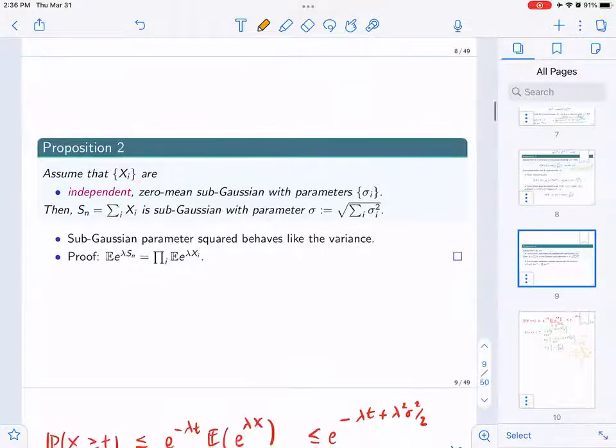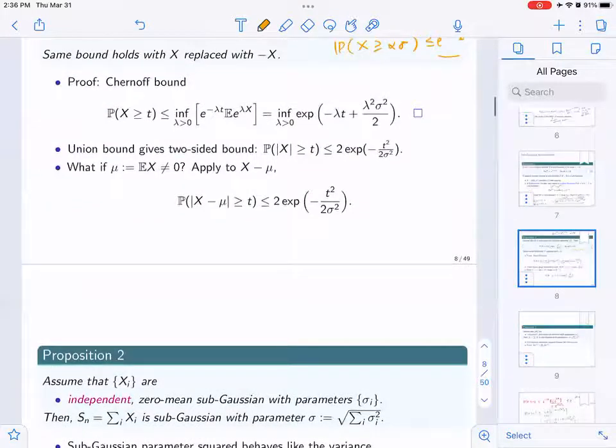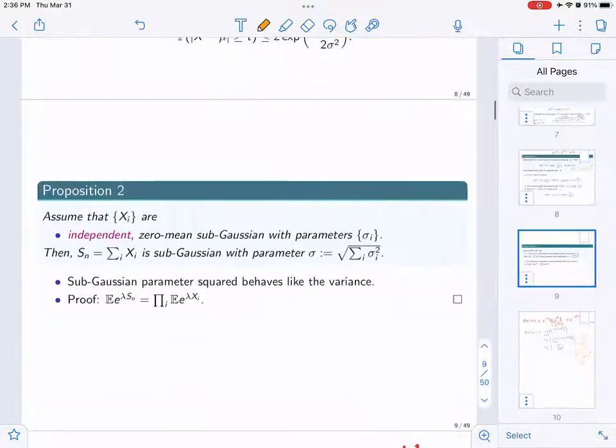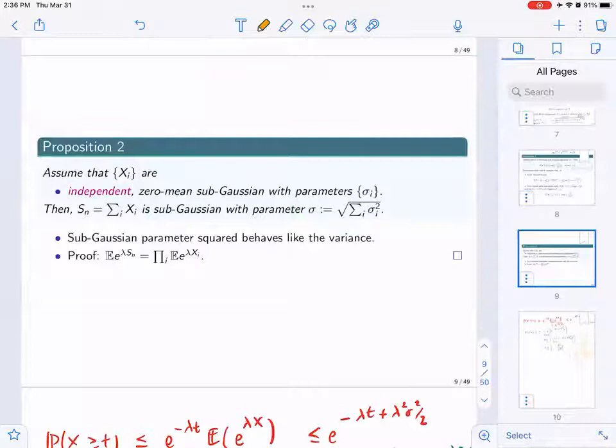But this result follows, and it's really easy. Why is it easy? Yeah, exactly. So that's the use of MGFs. It just turns the summation into a product.